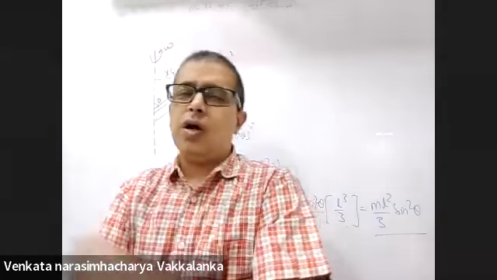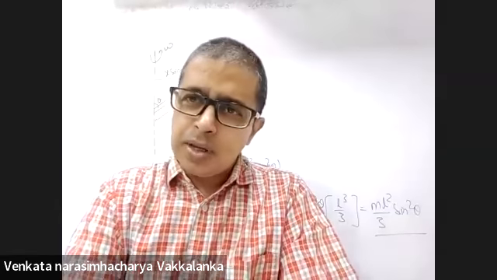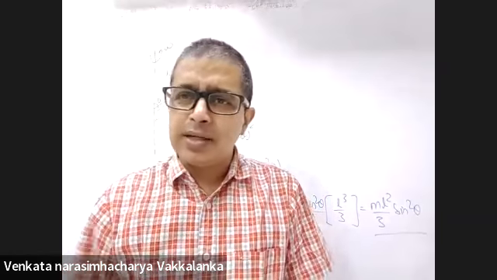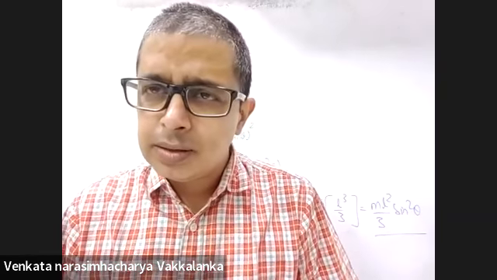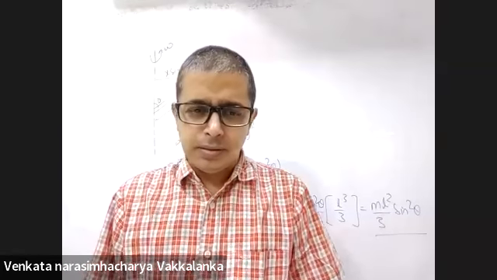Hollow sphere again: 2 MR squared by 3. Disk about an axis passing through the center: MR squared by 2. Ring: MR squared.